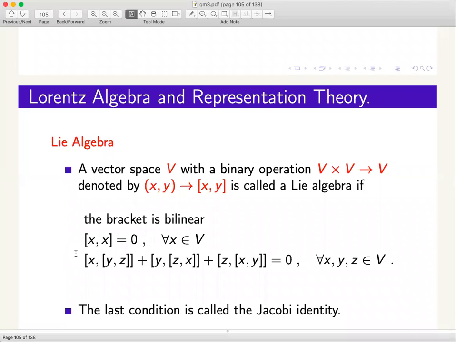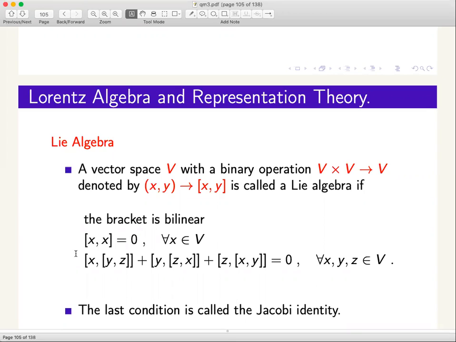So that is not a Lie algebra, right? It does not become something like AB minus BA. Had it become AB minus BA, we could have proved the Jacobi identity.